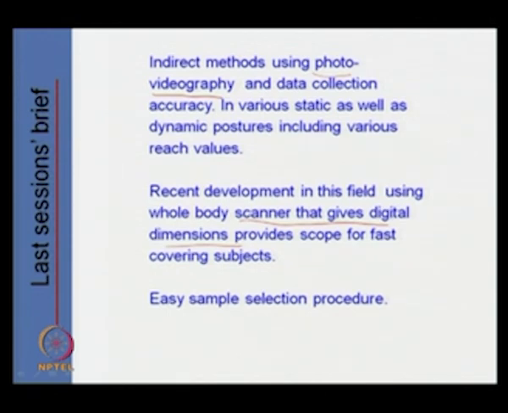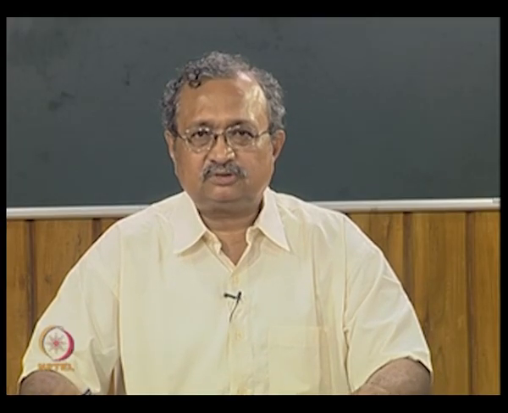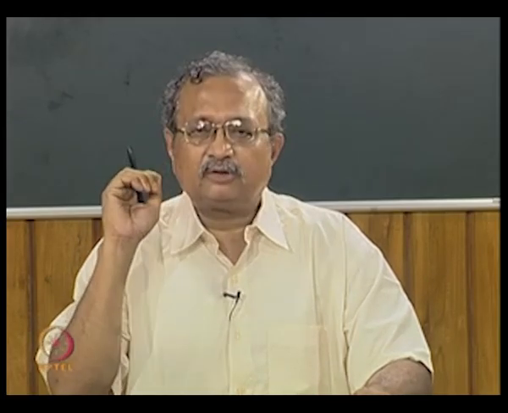We also discussed an easy sampling selection procedure: if we do not have a very large population and need to rely on small samples, it would be better to take around 20% estimated smaller size people, 20% estimated larger size people, and the rest 60% randomly selected, so that we can cover both ends of the population, from the smallest dimensions to the largest.